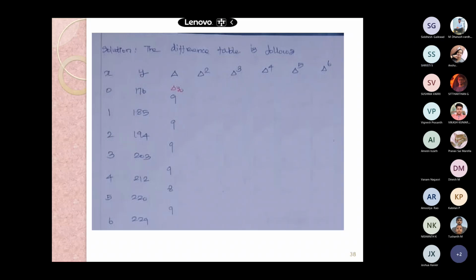Now try to find the second difference. This is delta y, and we continue with delta square y, that is the second difference of y naught.